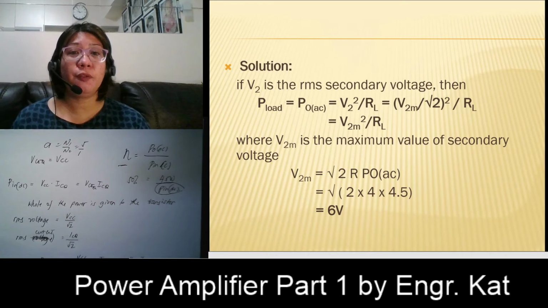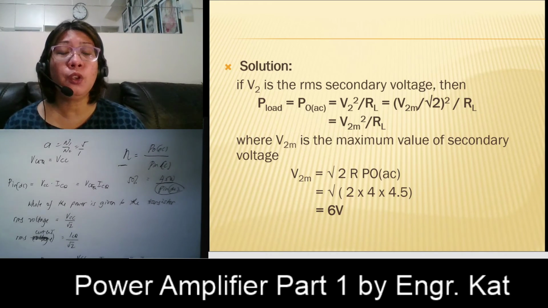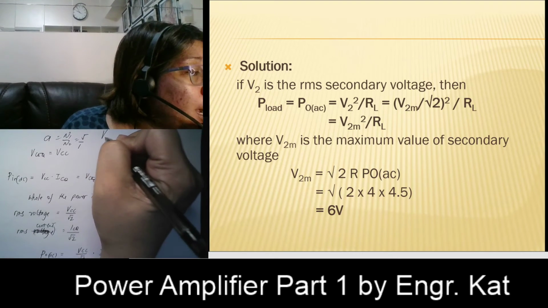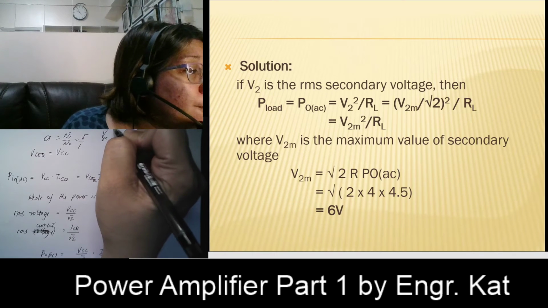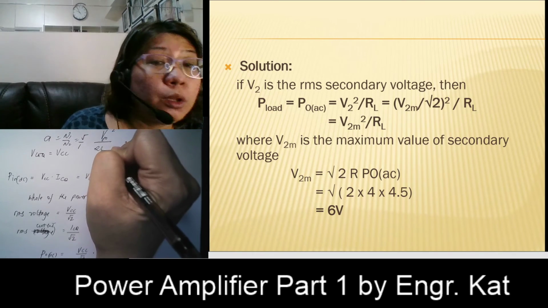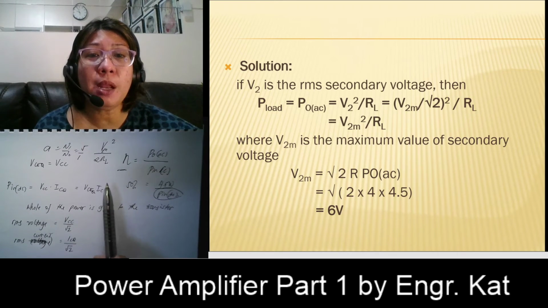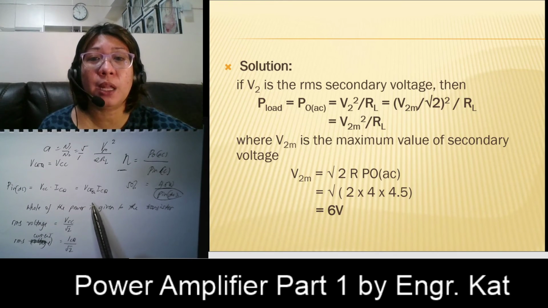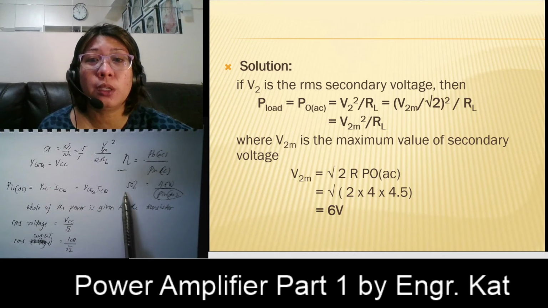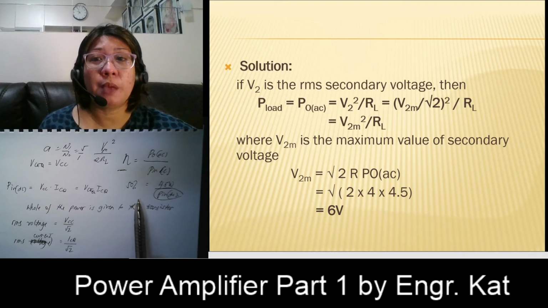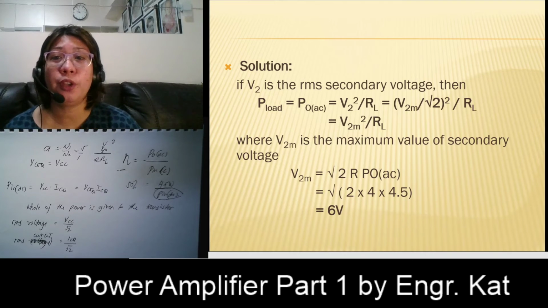Or we can have VM secondary, the secondary peak voltage, squared divided by 2 RL. So equating that to our formula, the maximum value at the secondary is equal to the square root of 2 times RL times your PO AC. So substituting the values, we get the secondary voltage equal to 6 volts.